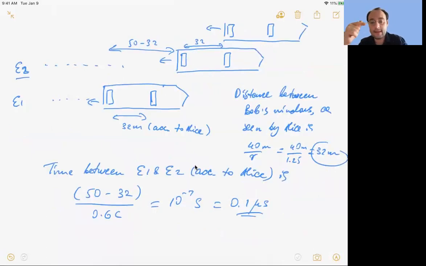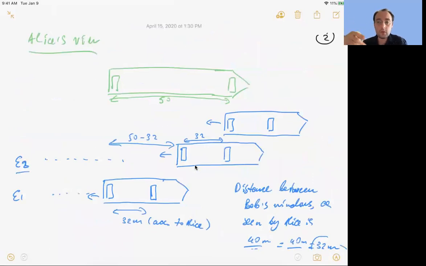And since at that moment is when her clocks read 0, it means that event 2 took place before 0. It took place when all of her clocks read minus 10 to the minus 7 seconds.